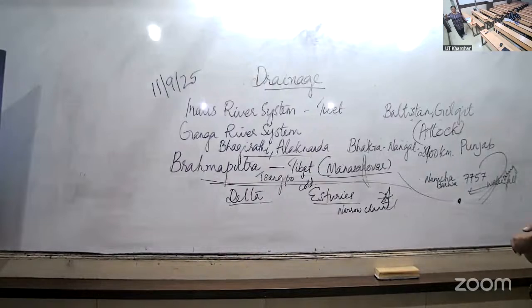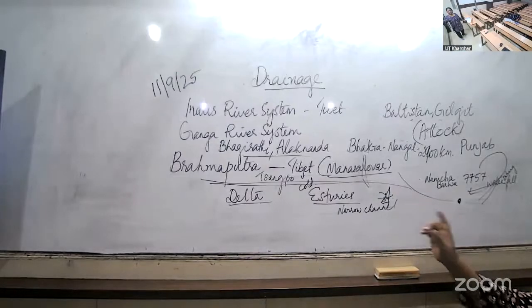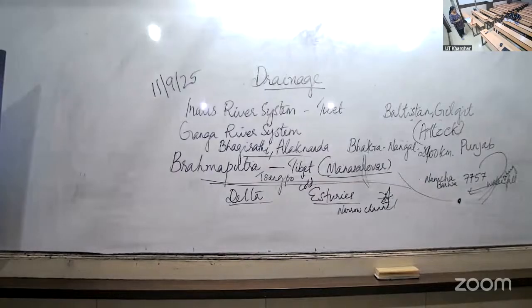Have you taken the book? Yes, ma'am. Distinguish between delta and estuary. There are 3 points. Take your book. Delta on one side. First point.